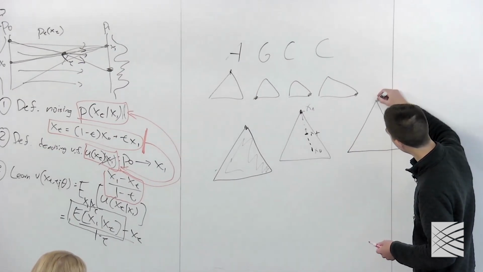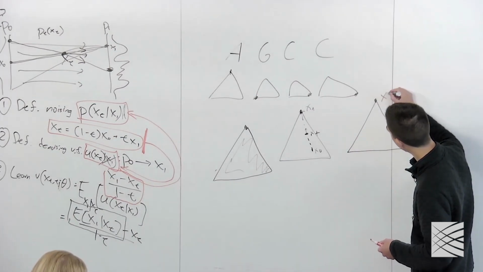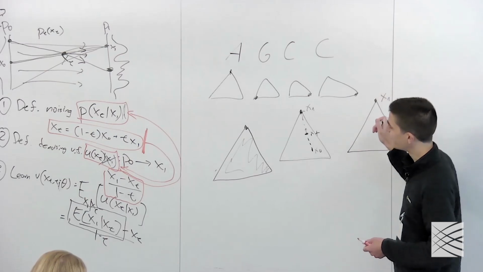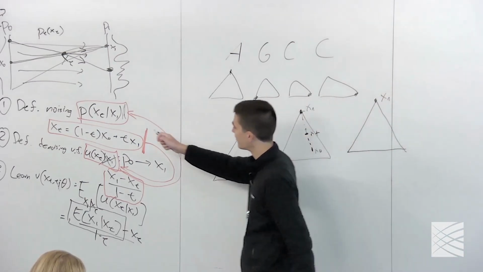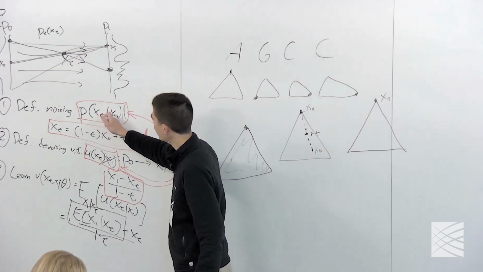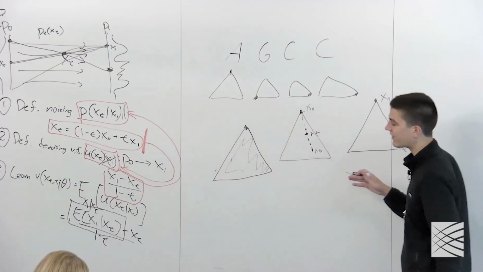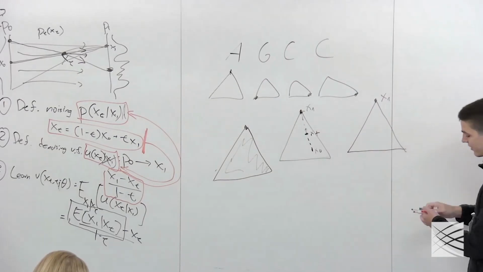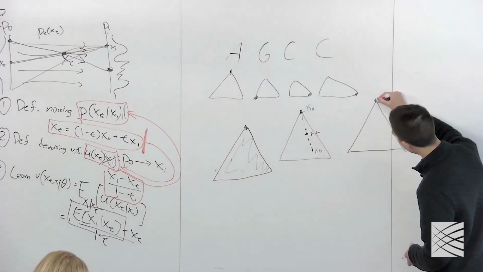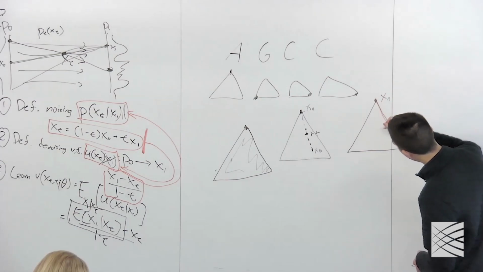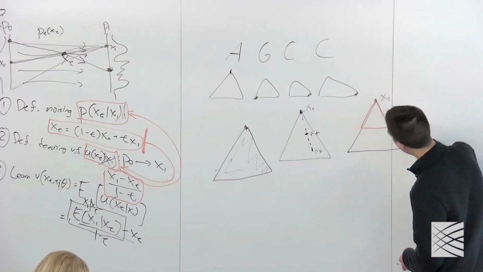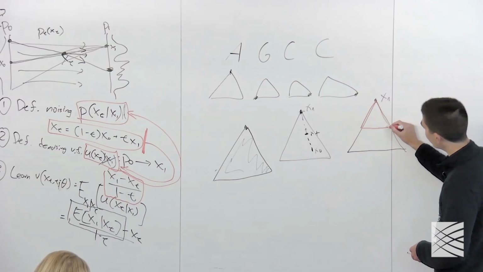So conditioned on this x1 here, what are the possible xt's that we could have reached? Well, it turns out that the possible xt's are in this triangle here. And it's a uniform distribution over this triangle.